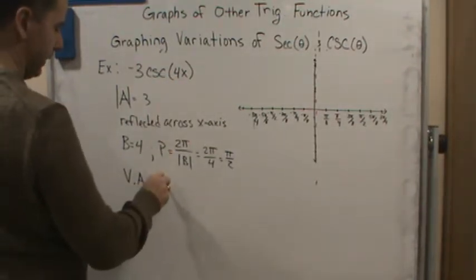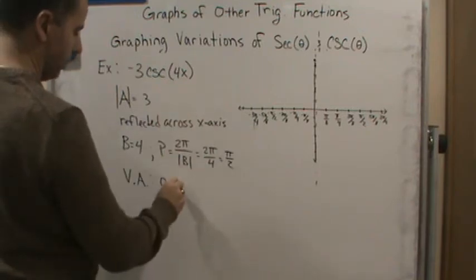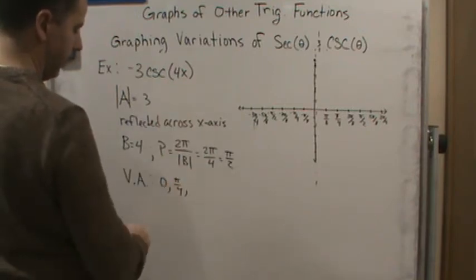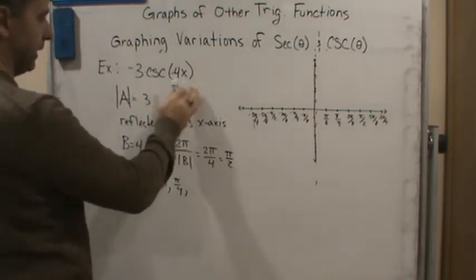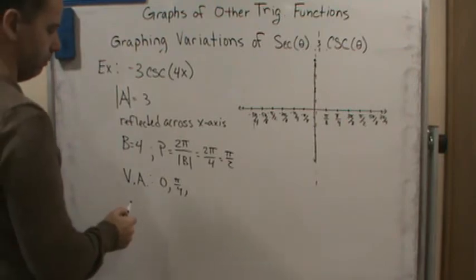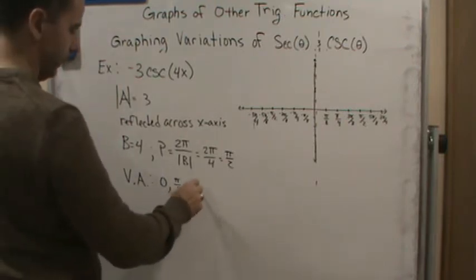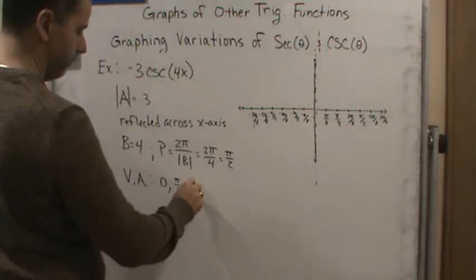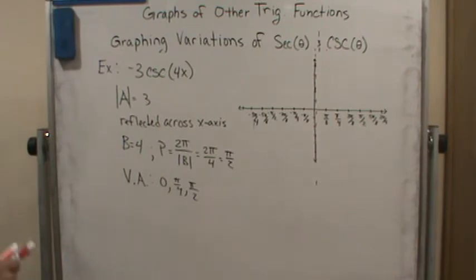So that's going to be at 0, pi over 4, and then any multiple of that. So the next one would be pi over 2, and so on.